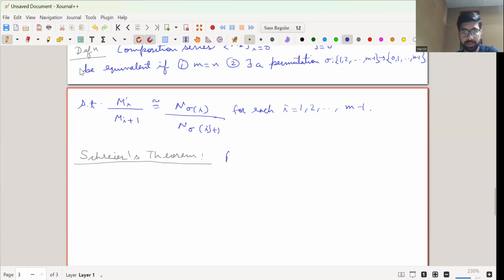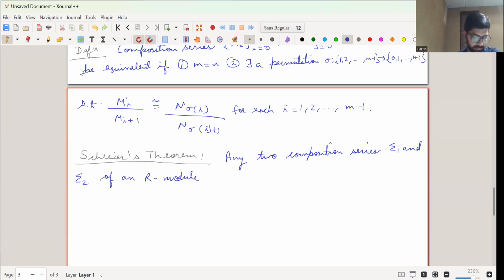So it says any two composition series sigma 1 and sigma 2 of an R module admit refinements. Here also the concept of refinement will be used, right?